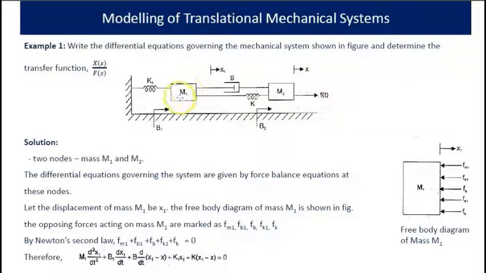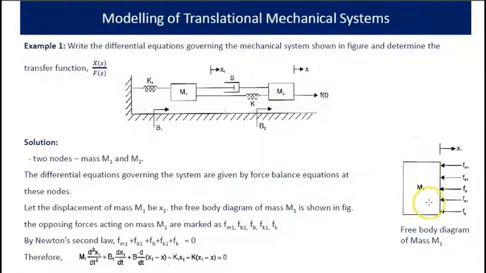So here, opposing forces are inertia force, damping force, restoring force due to K1. Also, these two elements B and K are connected in between two nodes.